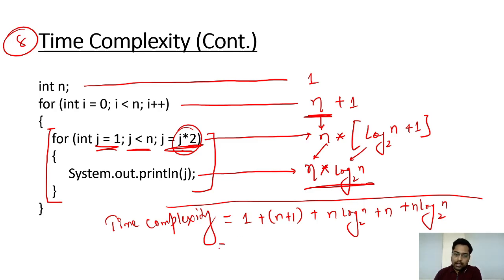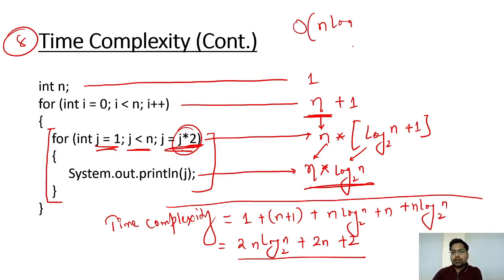Here you add everything: 2n log n base 2 plus 2n plus 2. So here the maximum you are getting is big O of n log n. So the time complexity will be big O of n log n base 2.